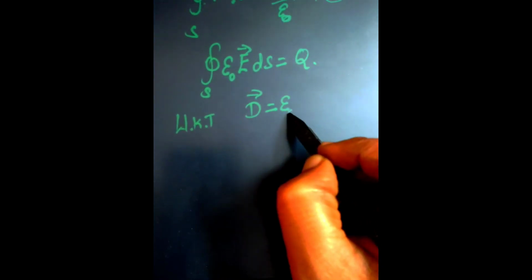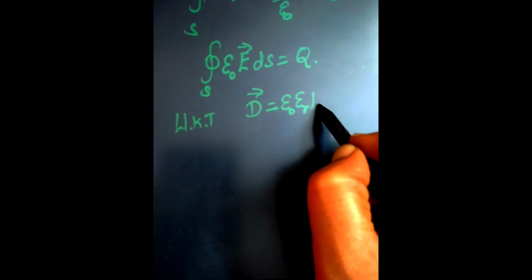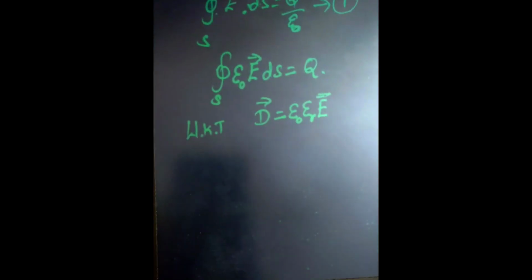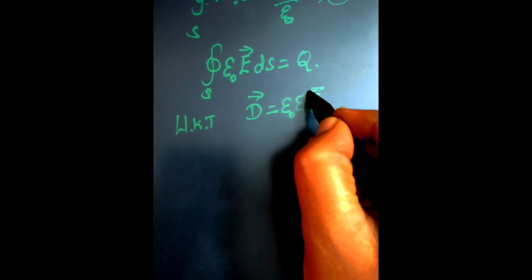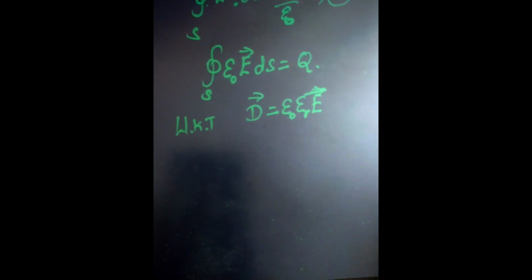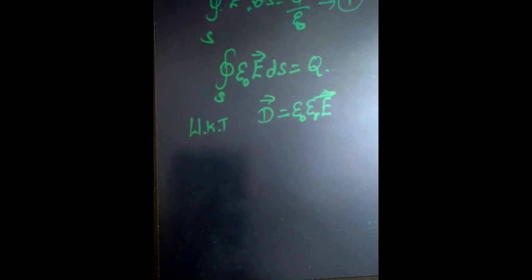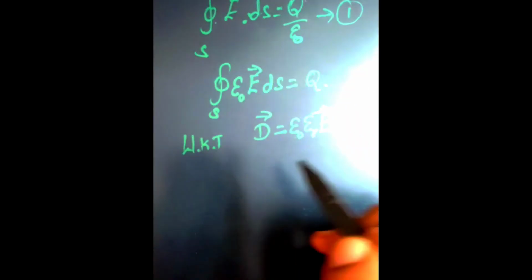We know that the displacement vector is given by the equation D is equal to epsilon naught, epsilon r, E vector. Here epsilon naught is the permittivity of free space and epsilon r is the relative permittivity.